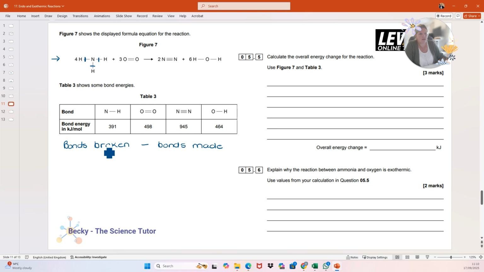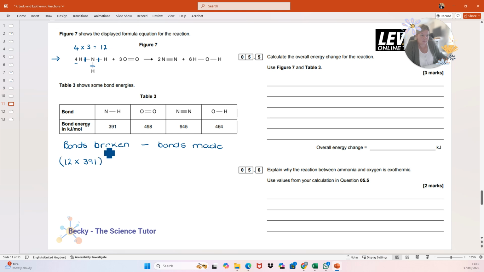And we need to be careful because there's a 4 in front of that. So I've got 4 times that molecule, so I've got 4 times 3. So we've got 4, 8, 12. So we're going to have 12 times, and then let's look it up in the table. A nitrogen to a hydrogen is 391.